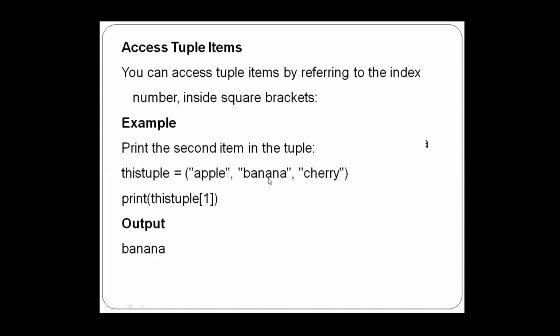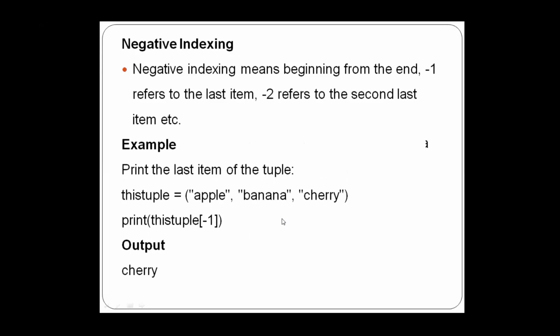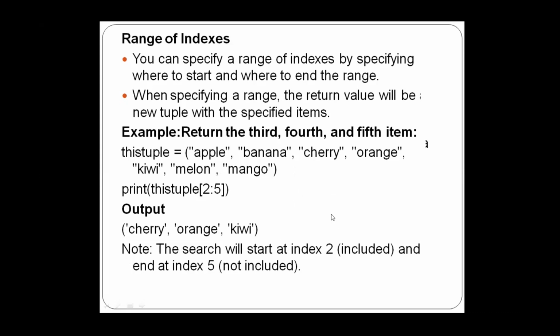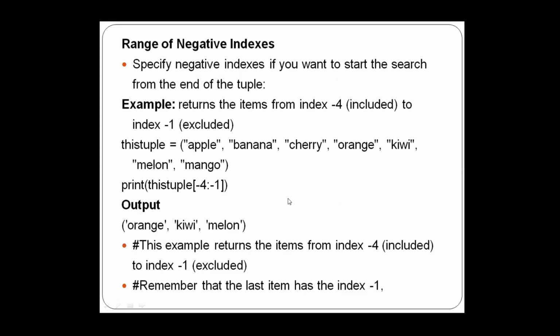When I say this tuple of 1, banana will be displayed, because indexes start from 0. You also have negative and positive indexing here. So this tuple of -1 refers to the last element, so cherry will be displayed. A range of indexes works the same way: 2:5, where 2 will be included and 5 will not be included. And just like negative indexing, you have it here too.